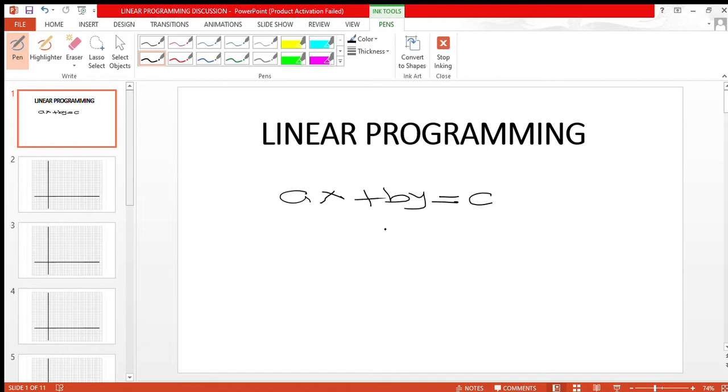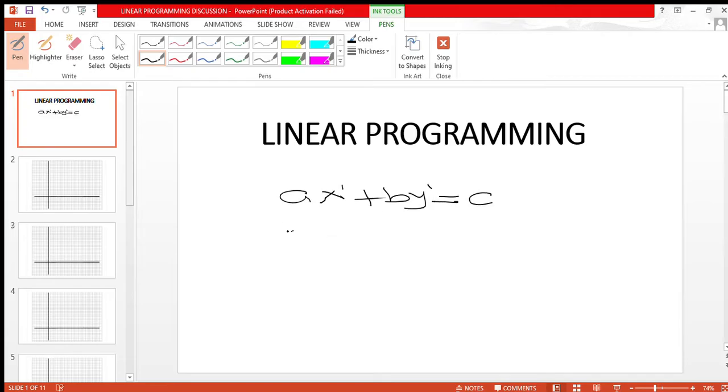But in algebra, it was learned before that as long as the highest degree or the highest exponent in your equation is equal to 1, then the equation is representing a line. Then, in linear programming, we will also consider linear inequalities.